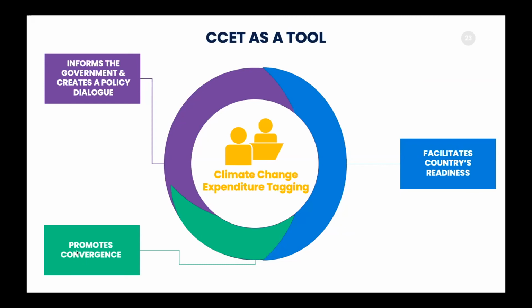It also promotes convergence. Like what I mentioned a while ago. So last year we started po the discussions with DNR to harmonize also the CCET with the PCB RRP, and it also provides us, or it would also enable us to facilitate our country's readiness din po to access climate financing, because sometimes this would also provide information po, no, on the priorities and programs of government for climate change.